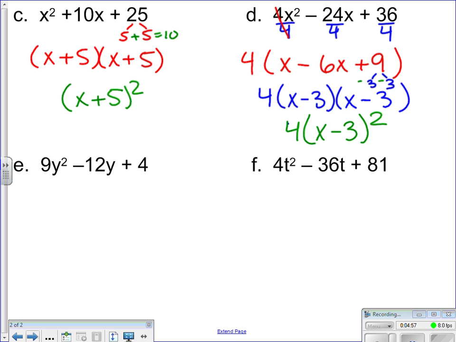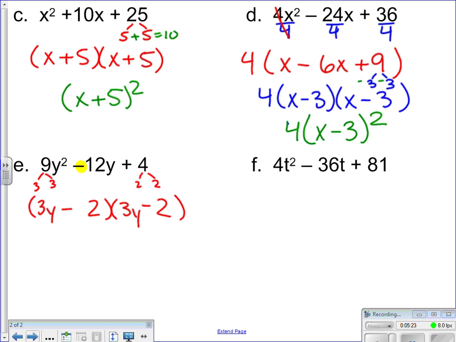E, 2 times 2. Hey, 9 is 3 times 3. Perfect squares. 3y, 3y. 2 and 2. The middle number is negative, so I'm going to put two negatives there. Now, if you're thinking, hey, 2 plus 2 doesn't make 12, well, you're right.